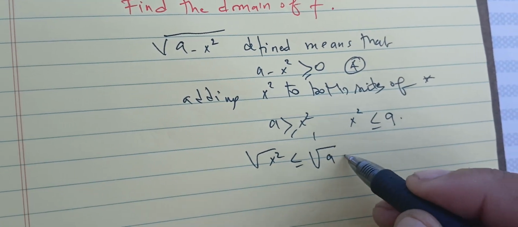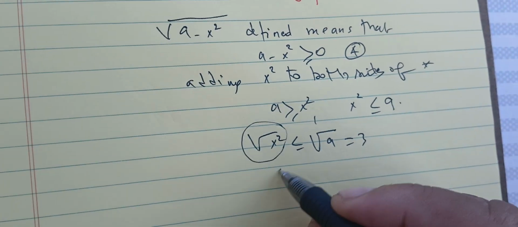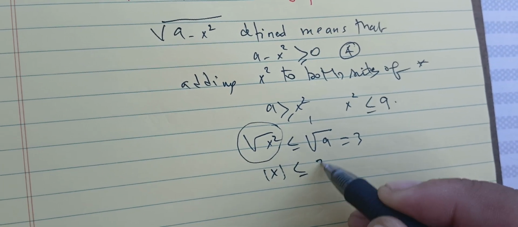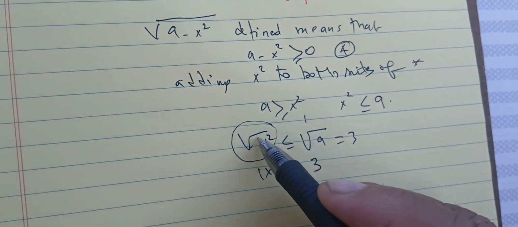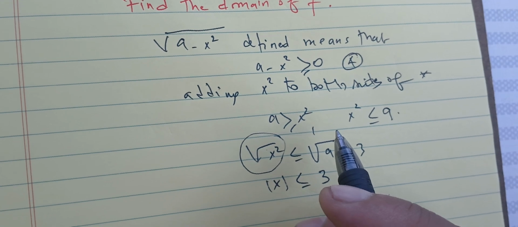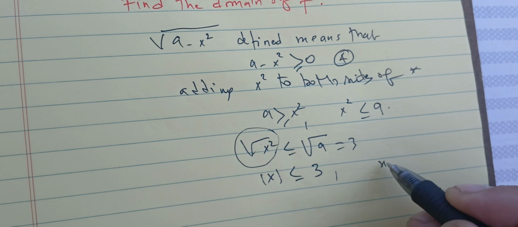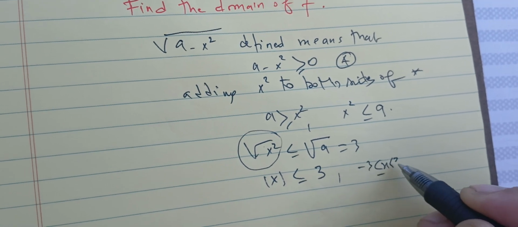I know the square root of 9 is 3, but here I have to be careful. So this is the absolute value of x less than 3, since the square root of x squared is the absolute value of x.